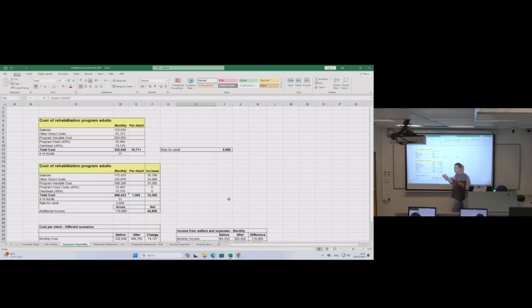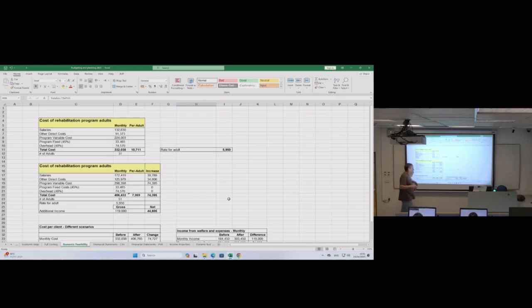Okay, the additional income will be higher than the additional expenses by 44,000 per month, multiplied by 12. That's about 500,000 per year. Yes, Aidan. How is it different? Okay, so we'll talk about that.